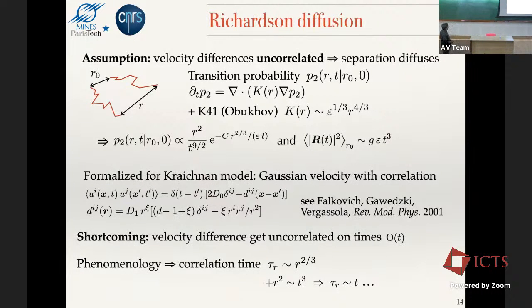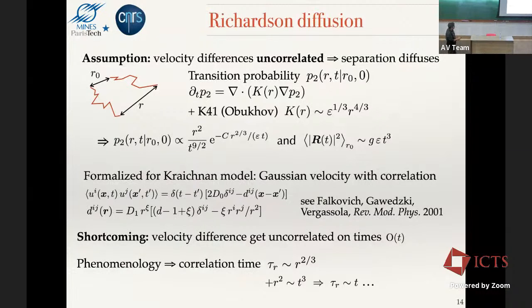Okay. So now that we know a bit what the scaling is, there are different ways to try to model this pair dispersion. One is called Richardson diffusion. Actually, the work of Richardson, measuring balloons like that, was in order to estimate diffusion coefficients to put in an equation for P2. Imagine that you want the transition probability like that.